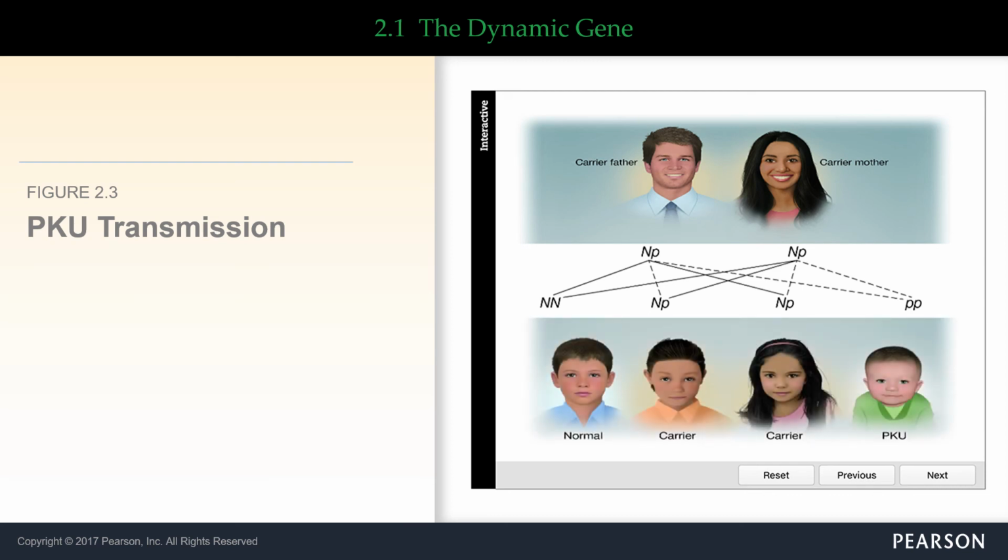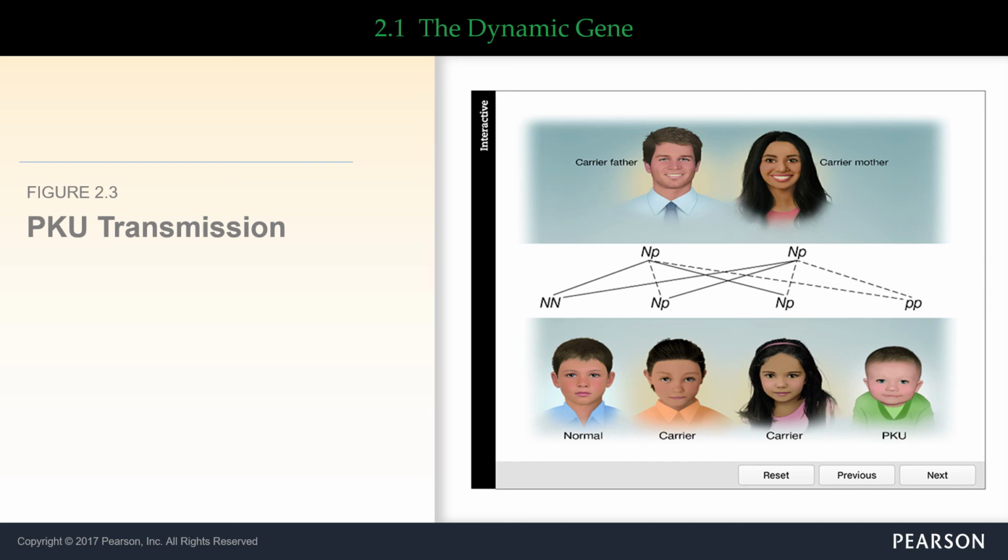And so in this case, this child got the normal gene from both parents, and so did not have PKU. But this child got a recessive and a dominant, and so this child could be a carrier because that recessive gene is there.